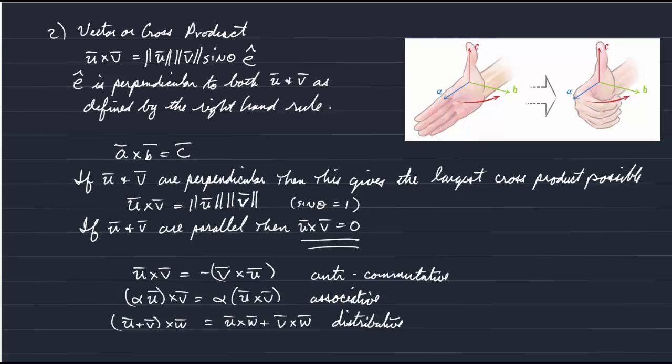So one interpretation of the cross product is that, well, let's see. If we take the absolute value or the magnitude of the cross product, that gives the area of the parallelogram bounded by the two vectors.